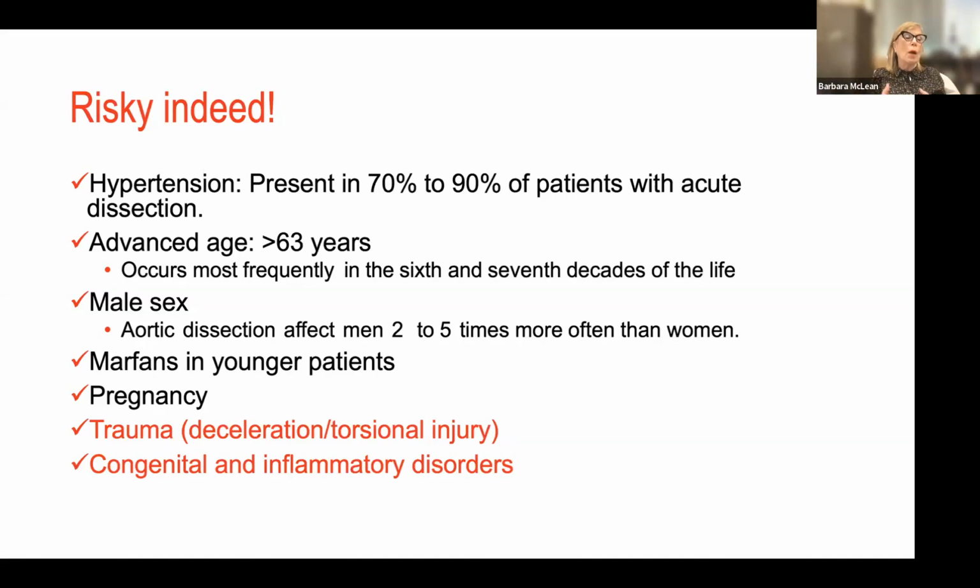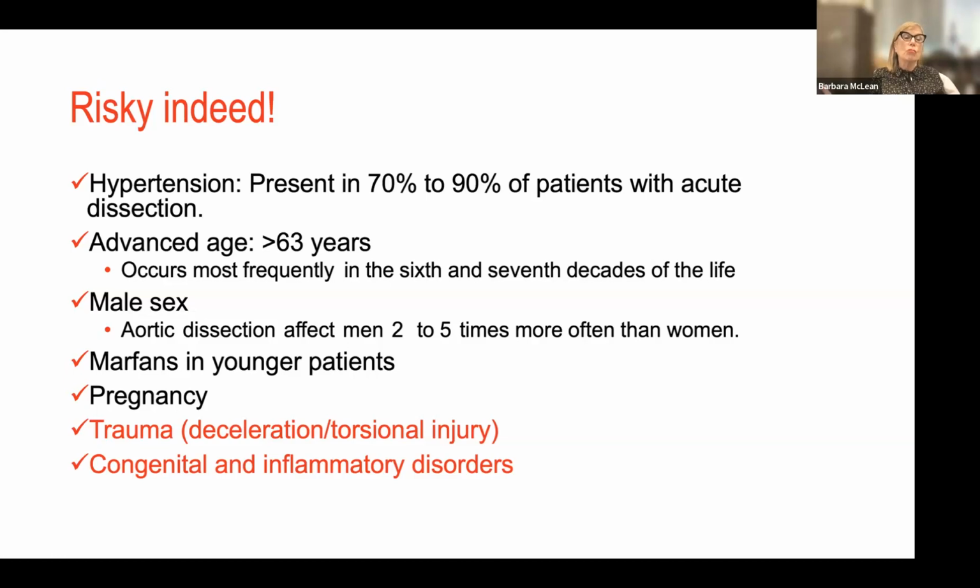So just be aware that when somebody comes in and says, oh, I've got Marfan's, or other collagenous disease states that are congenital or inflammatory, always be aware that that puts them at more risk for aortic dissection. Pregnancy, because of the increase in circulating volume, and pregnancy plus hypertension or pregnancy plus preeclampsia puts women, even young women, at risk for aortic dissection.